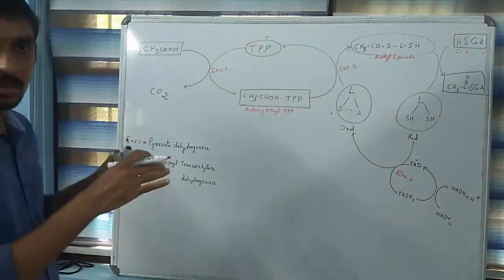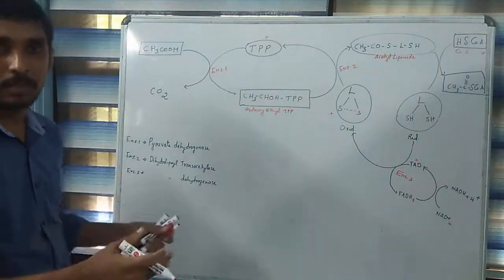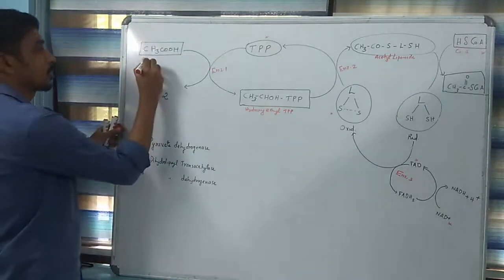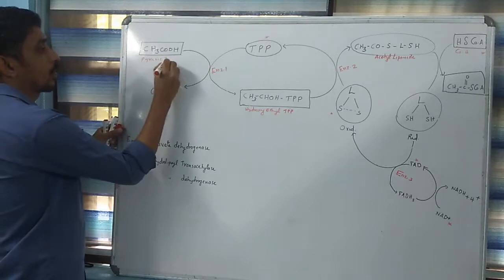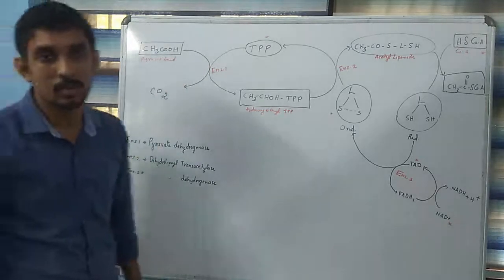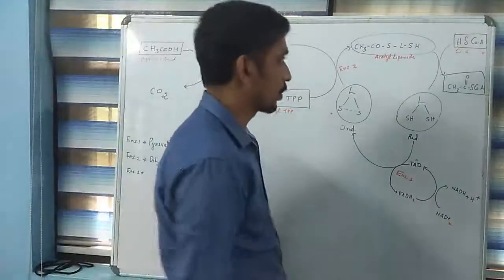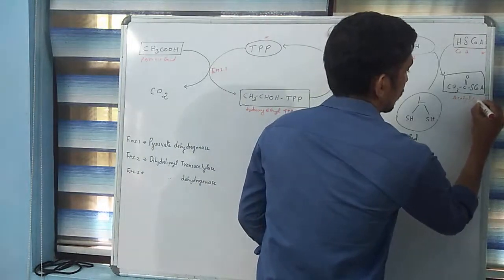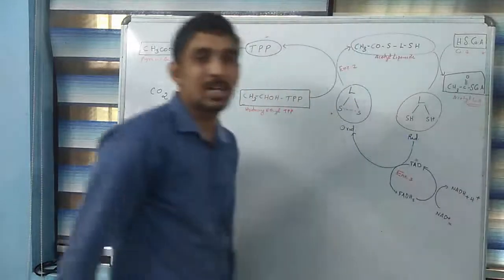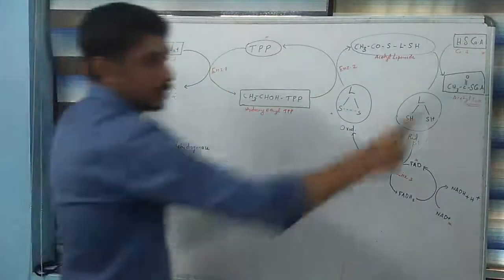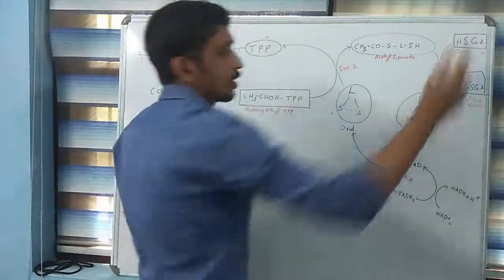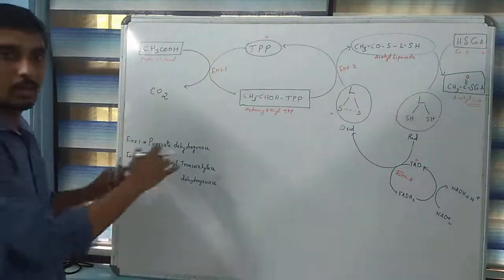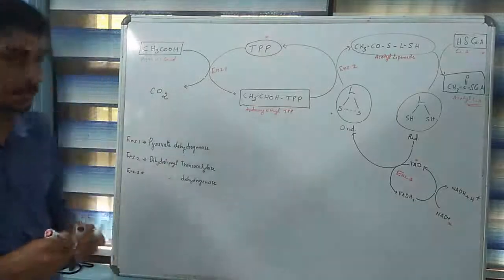These components actually participate in converting this pyruvic acid, the glycolytic product, into acetyl coenzyme A. You can see this is called acetyl coenzyme A. So we are going to study how this pyruvic acid is converted into acetyl coenzyme A with the help of these 8 factors, 3 enzymes and 5 coenzymes.